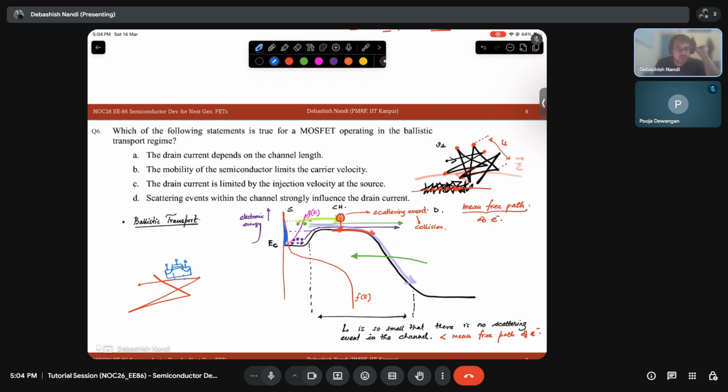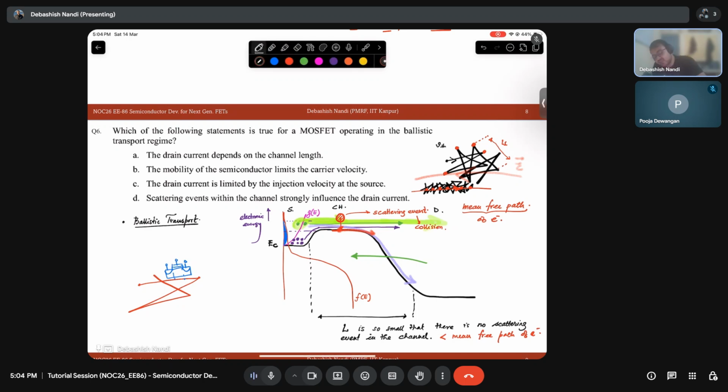Now what will happen to these green electrons, or these high energy electrons? They will not scatter now. They will just pass like this.